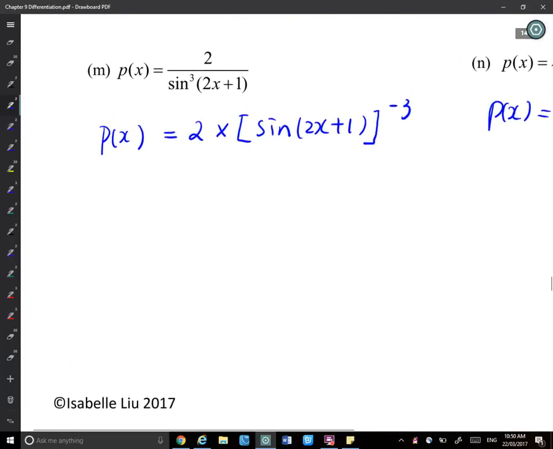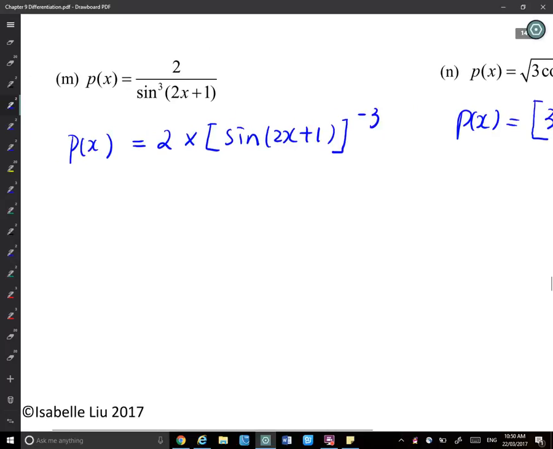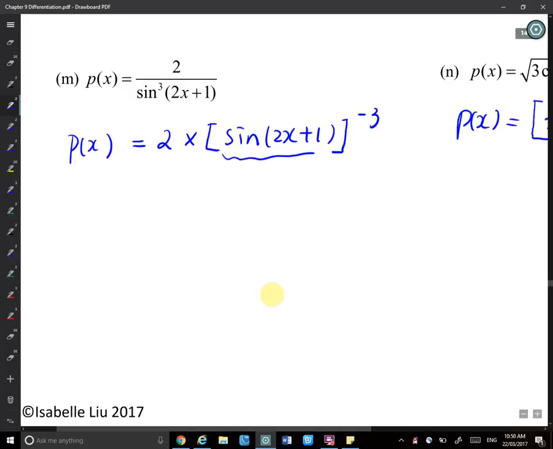Now let's have a look at this question. I don't want to deal with things under the denominator. If something is on the denominator, I will try to make it into the power form, because when you make something into the power form, I can use the chain rule. So for this one, that is obviously g(x), that's 2 lots of g(x) to the power of negative 3.